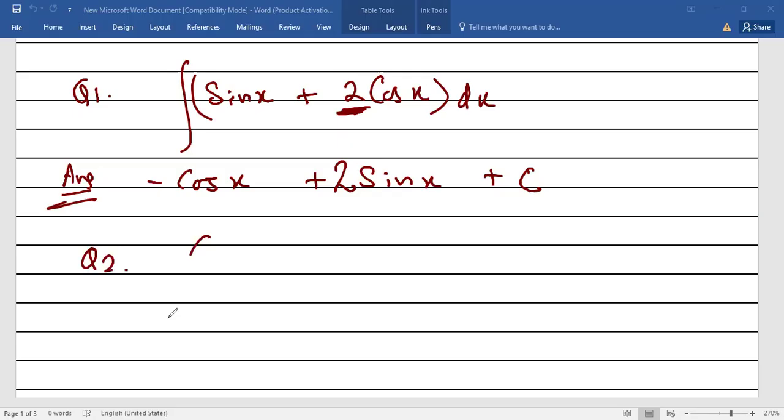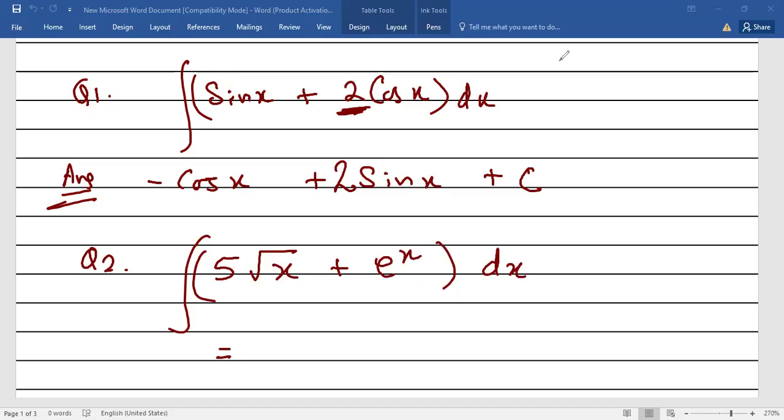Now, tell me this one. Question number 2, integration of 5 root x plus e to the power x dx. Can you tell me what you will get? Is that e^x? Yes, it's e to the power x. So try to do this one.